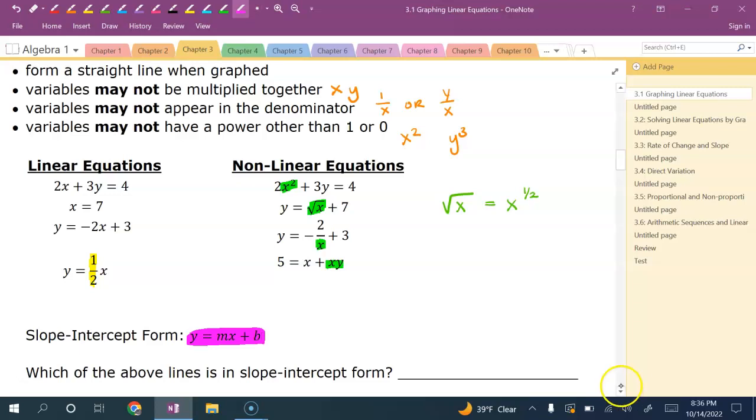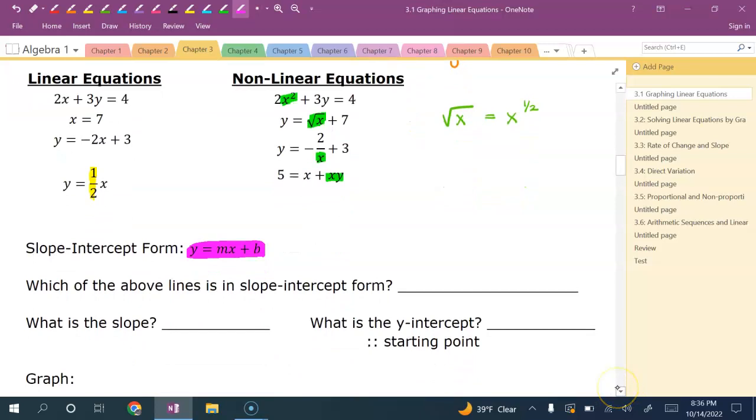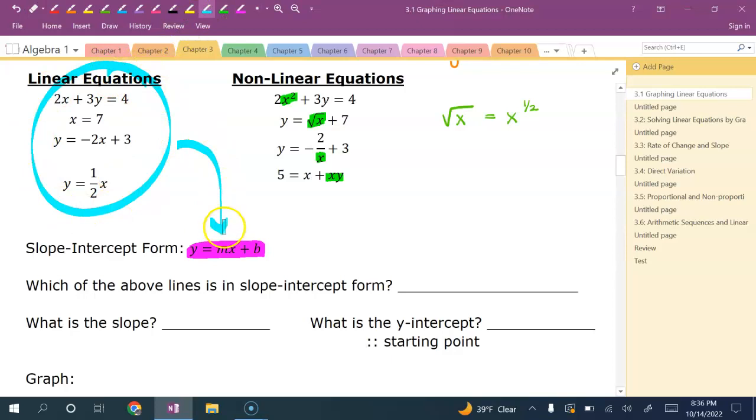So if you look at the equations that I have up above that say linear equations, I want you right now to write down on this blank from this list, which one matches that form exactly? Which one says in that same form y equals mx plus b? We all wrote y equals negative 2x plus 3. Now, arguably, this one, y equals 1/2 x, is still written in slope-intercept form.